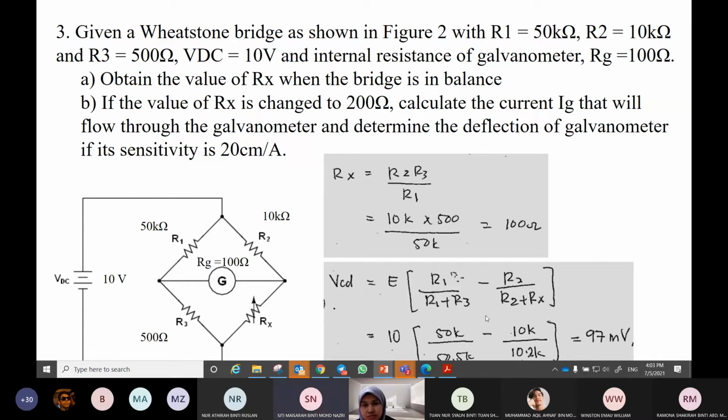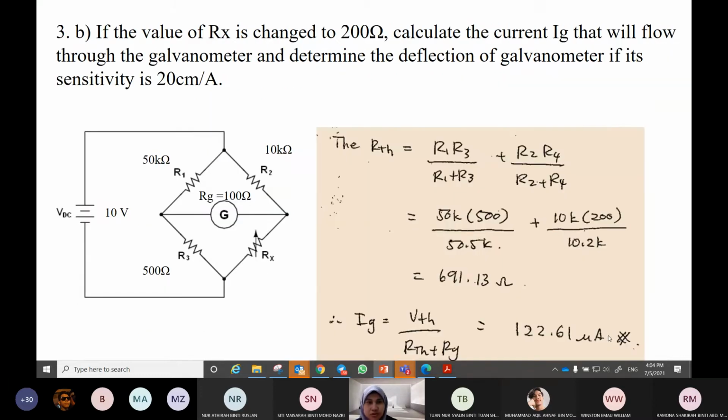Yes, Doctor. Upper loop or lower loop? Does this calculation use the upper loop or the lower loop of the bridge? Correct. So 50k divided by 50k plus 500 and so on. So you know this concept. So the VCD, the V at this terminal, is equal to 97 millivolts.